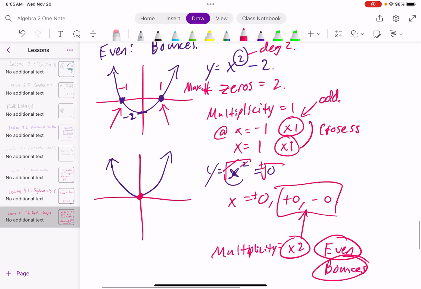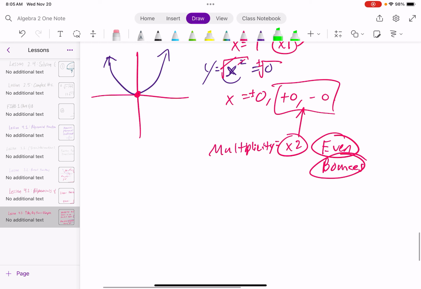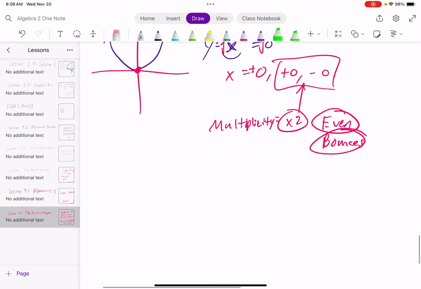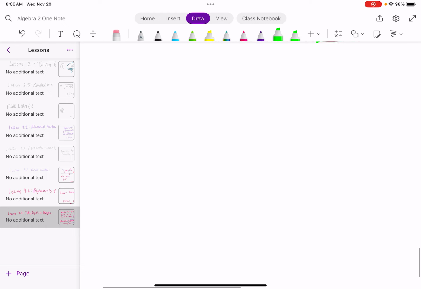And these are two examples: one where it crosses because the multiplicity is odd, and one where it bounces. So this one crosses because it's odd, and then here the multiplicity is double, and so it's even, and it bounces. Okay.